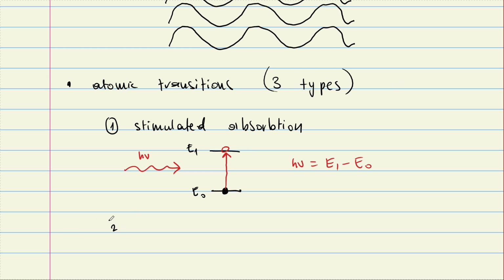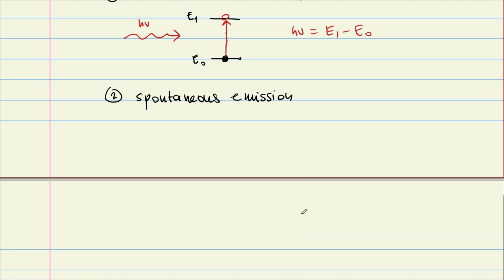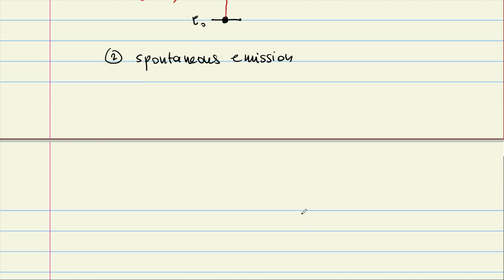The second one is spontaneous emission. In that case, you have this E1 initially, and the atom is not going to like staying there because there's a smaller available state.